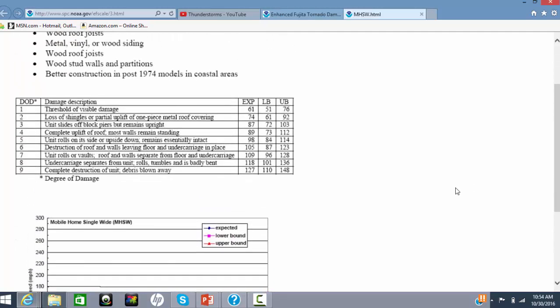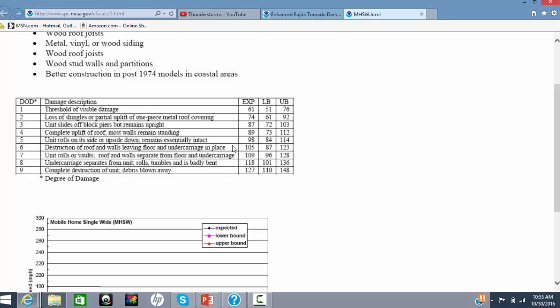If you were the investigator, you come over here and ask, how far down did the damage go? Did a unit roll on its side or upside down but essentially remain intact? And you say, yes, because we didn't get any destruction of roof. None of this occurred down here. So we're going to end it at a degree of damage of 5.